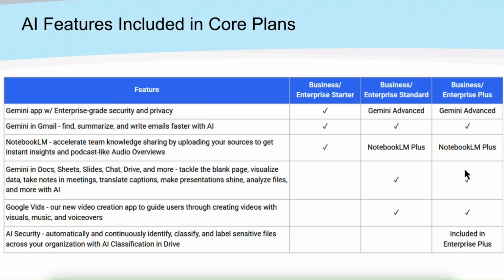Then as we roll over to Standard or Plus, we also increase that to the Gemini Advanced model and NotebookLM Plus, and then Gemini within Docs, Sheets, Slides, Chat, Drive, and more. Google Vids, which is the new video creation app that we've talked about before. And then in Enterprise Plus, you have the AI security as well.